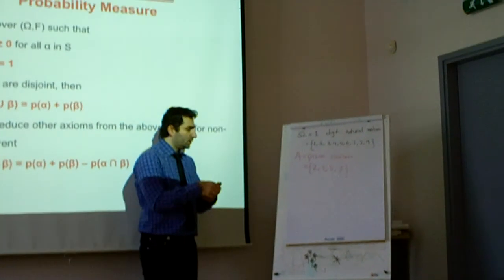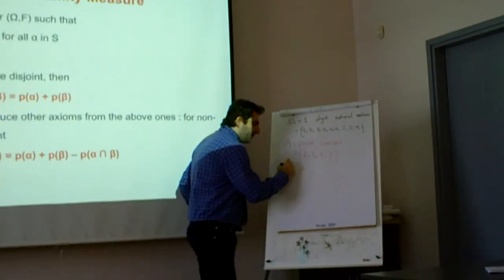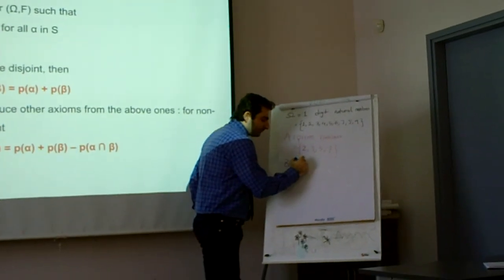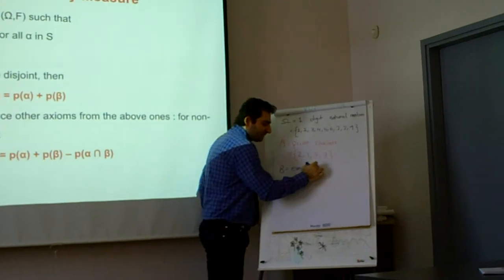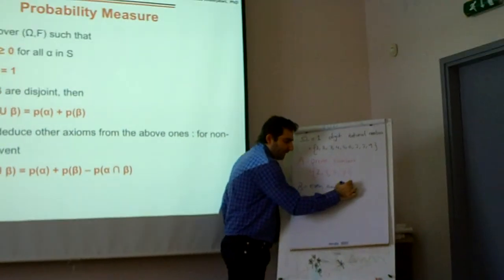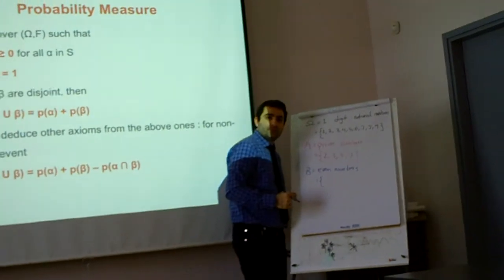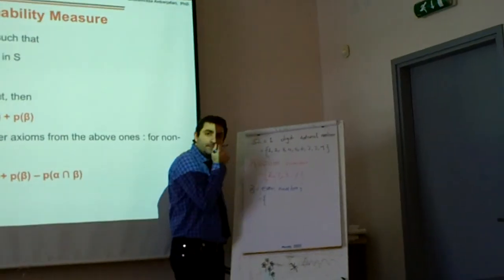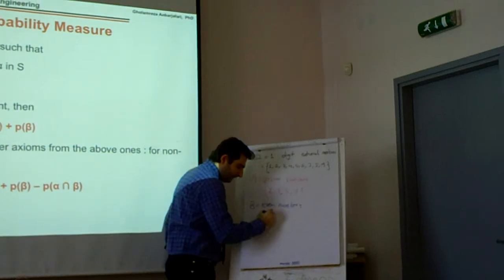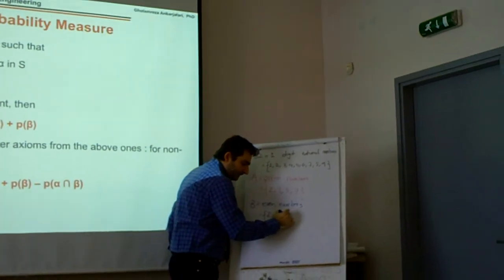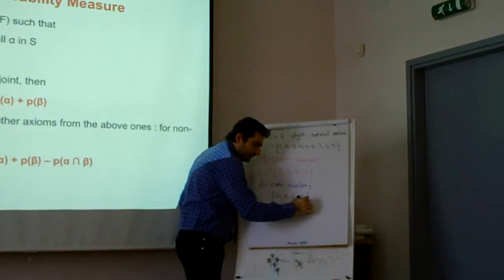Very good. Now, I define B to be even numbers. What are even numbers in here? 2, 4, 6, 8.